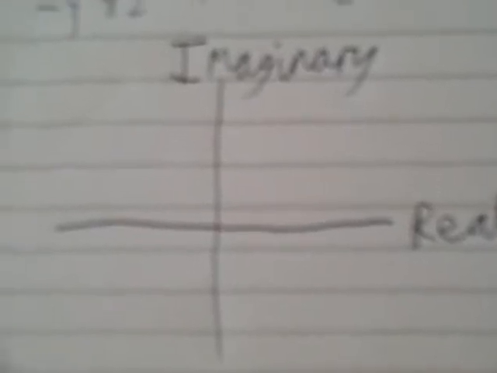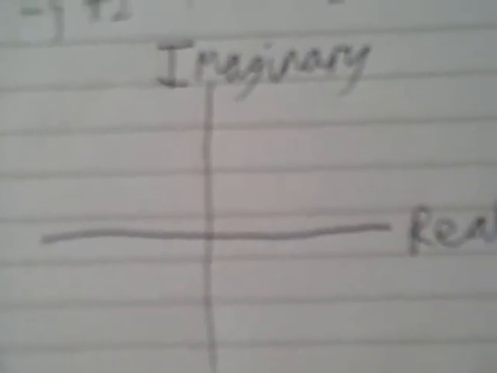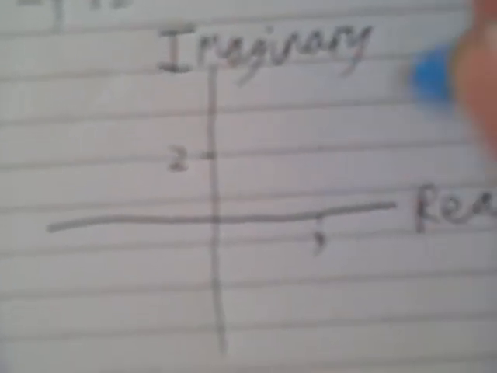So, to plot a number on an Argand diagram, this is called an Argand diagram. Say I want to plot the number 3 + 2i. I would take 3 and I would go up here 2. I would find the point and I would draw an arrow to the point, just as a vector.